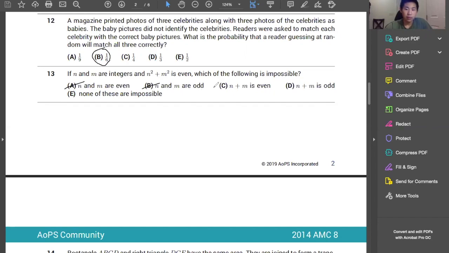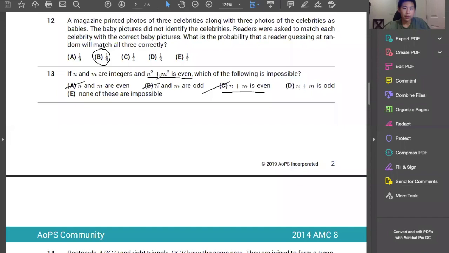For n plus m to be even, well, if n and m are both even or both odd, this will be true. So this is actually always true if this is true. So this is definitely not correct. Now for n plus m to be odd, the sum of these two numbers can only be odd if one of them is even and one of them is odd.